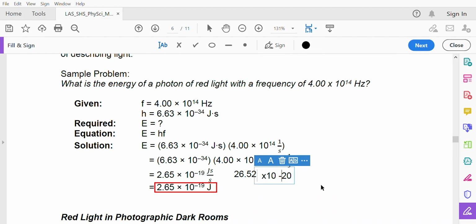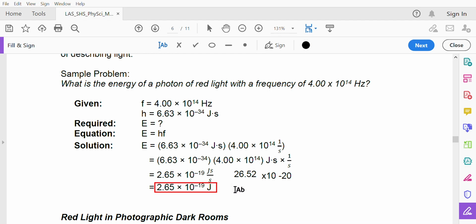Now look, the joules times second would be over what? The second here. If you multiply this, joules times second is in the numerator, and 1 over s, the s here, is in the denominator, so it will look like joules times s over s.